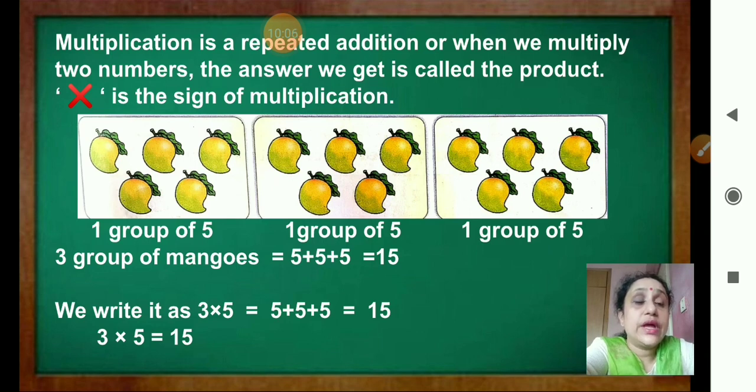The answer we get after multiplying is called the product. Now you can see the red X written there. That is the sign of multiplication.